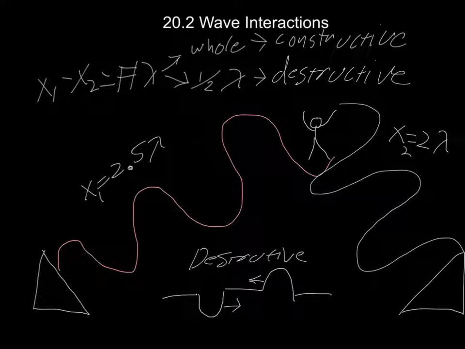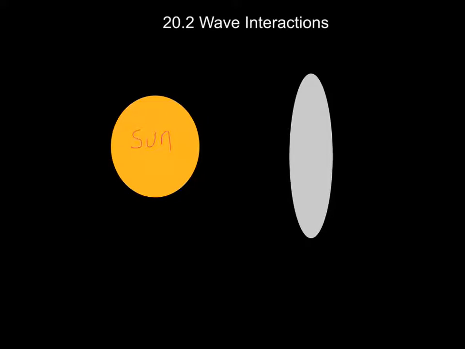So if we just find the difference in the two lengths and divide it by the wavelength, that'll give us the number of wavelengths. And if it's a whole number, it's constructive. If it is a half wavelength, it's destructive. If it's somewhere in between, then it's not completely destructive, but there is some destructive element. If it's closer to 1/2, there's going to be some destructive elements. If it's closer to a whole number, there's going to be some constructive elements.